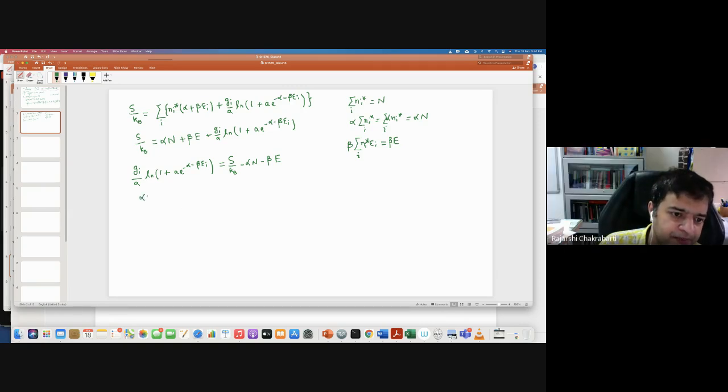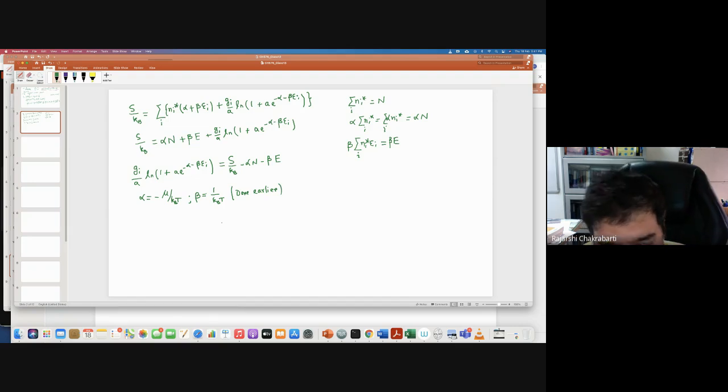And we had done earlier, we know what alpha is. If you see your previous notes, it is this. Similarly you can find the value of beta. It was done earlier, not with bosons or fermions, but for Boltzmann statistics. So you can just borrow the values of alpha and beta from there.